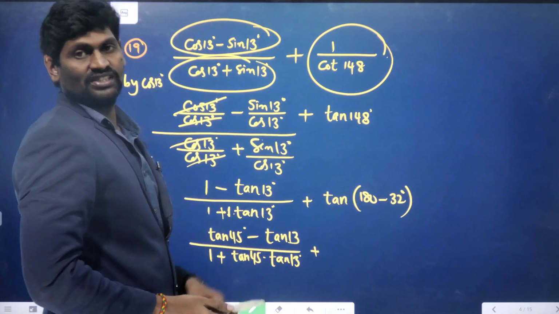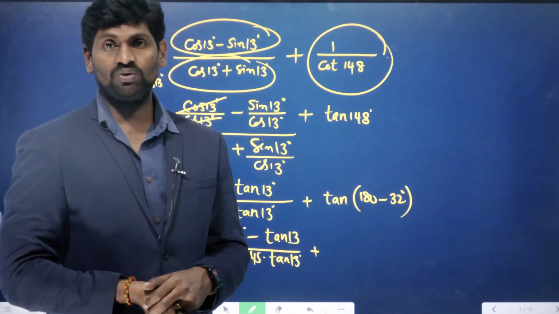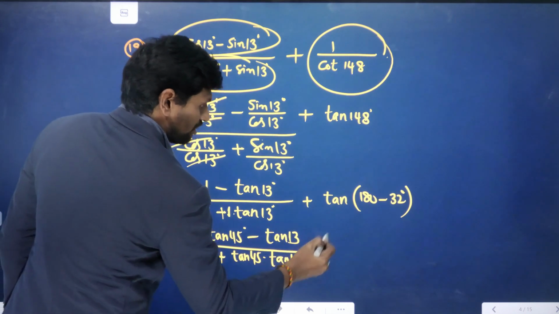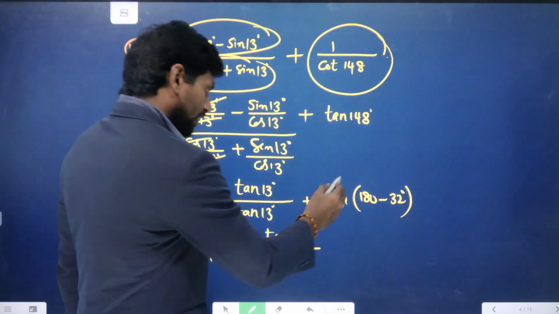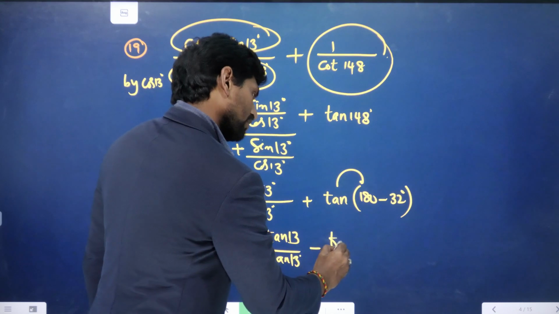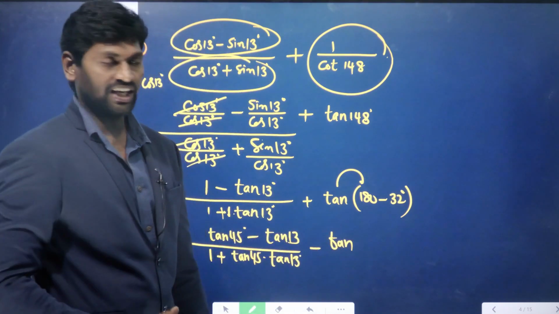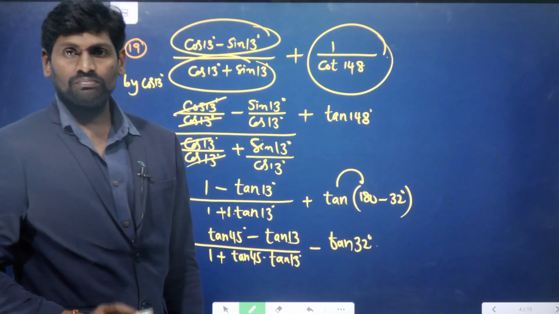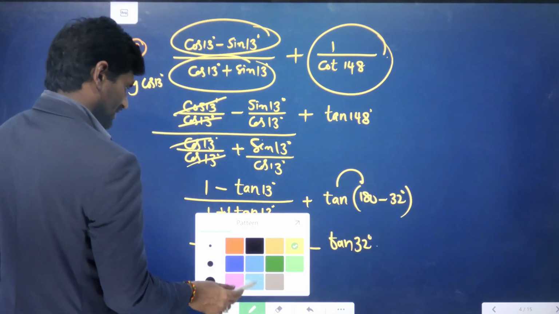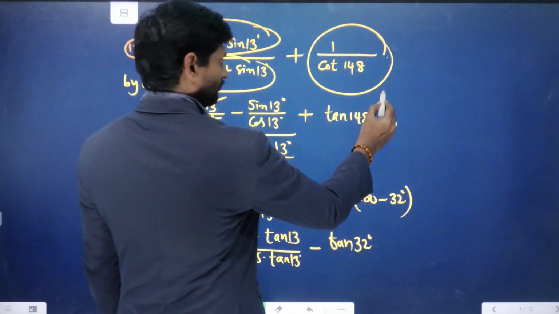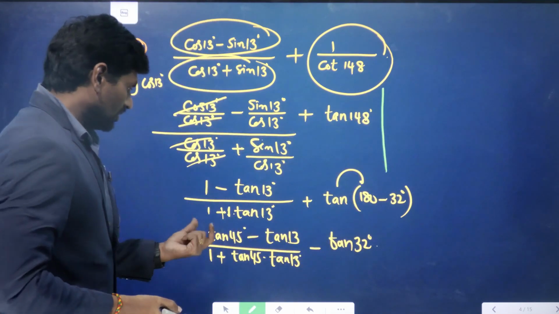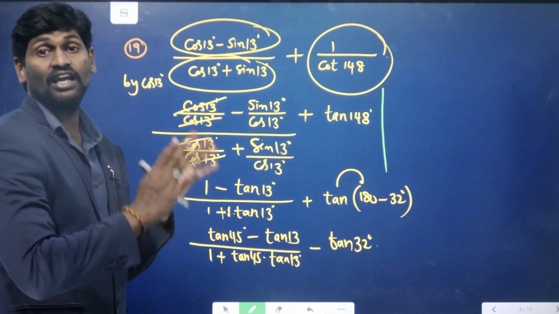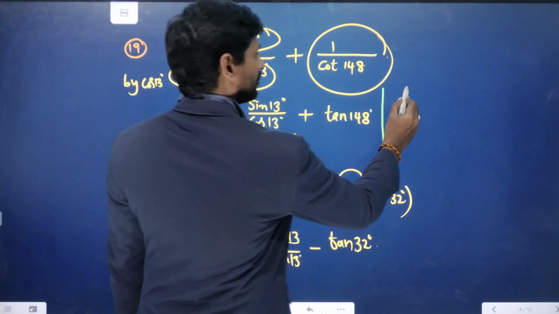180 minus, second quadrant, tan value is negative, so I can write this one as negative. Whenever it is tan 180 degrees, the ratio remains tan only, and it is 32. Okay, let us see. For this value, (tan A minus tan B) by (1 plus tan A tan B) is nothing but the tan (A minus B) formula.